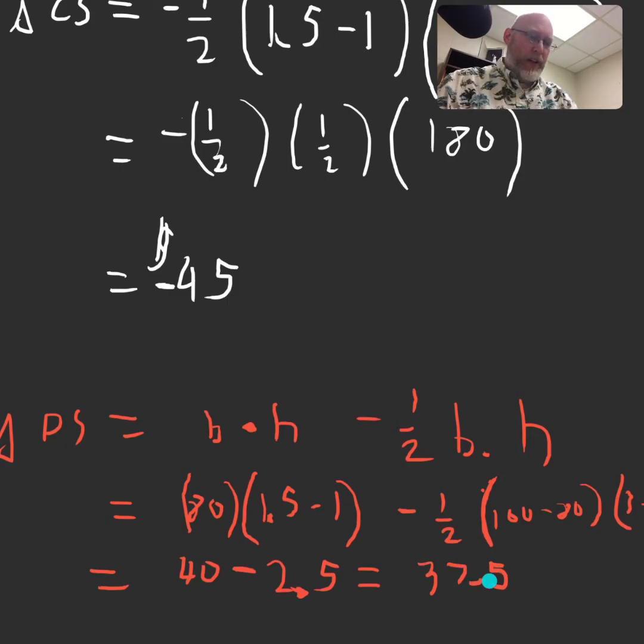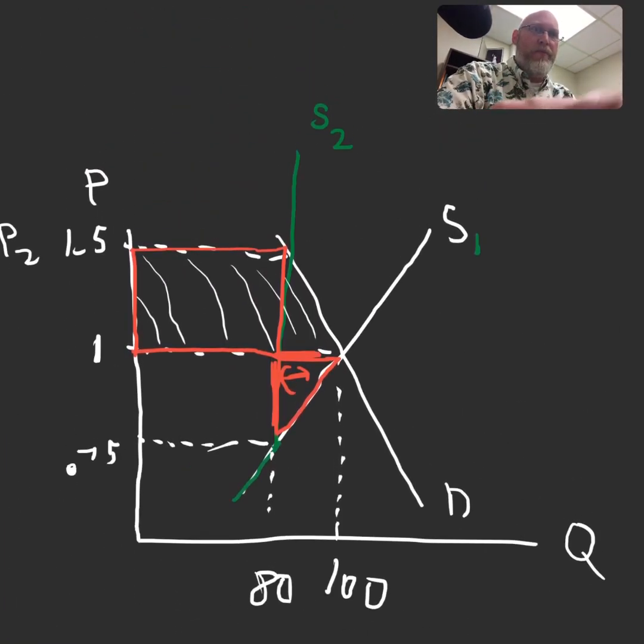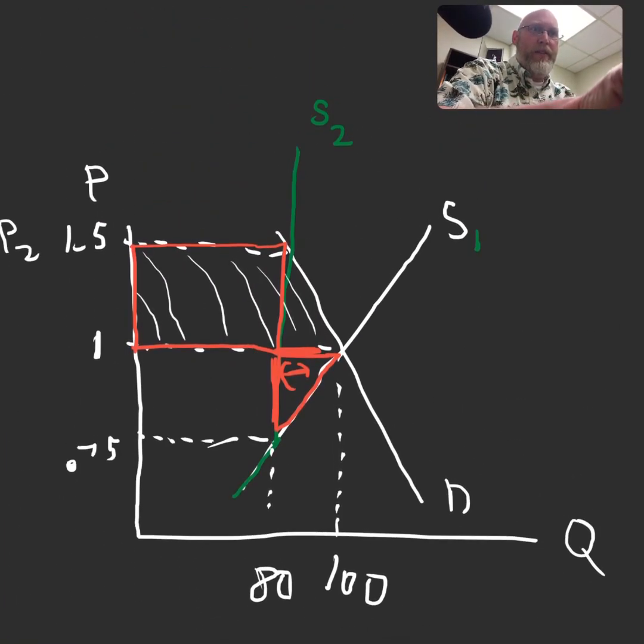Now our deadweight loss, we could just add those together to find the deadweight loss, and of course take the absolute value of it, or we could find the area of our triangle. Let me move up here and point out the triangle for you. This area here is our deadweight loss triangle, which we can easily figure out just using the 1/2 base times height.